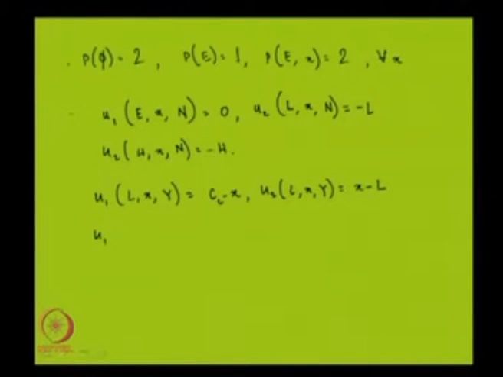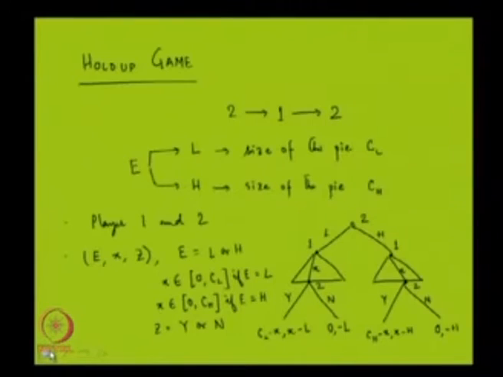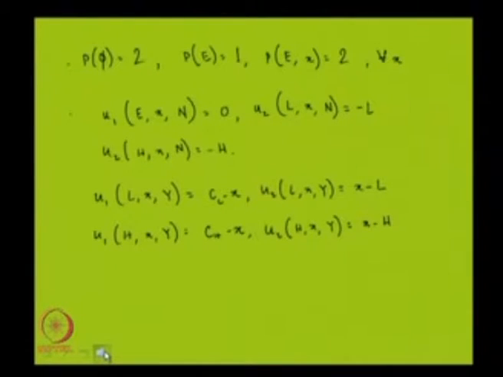Likewise, if high effort has been put, then it is CH minus X, and for player 2 it is X minus H. So this is how the payoffs are represented.